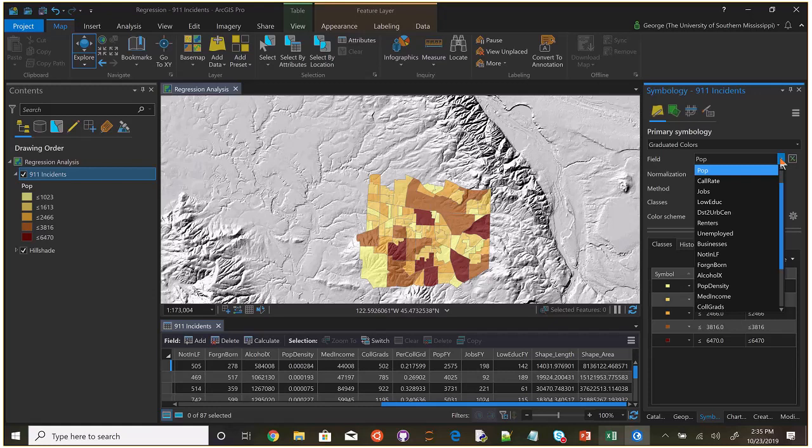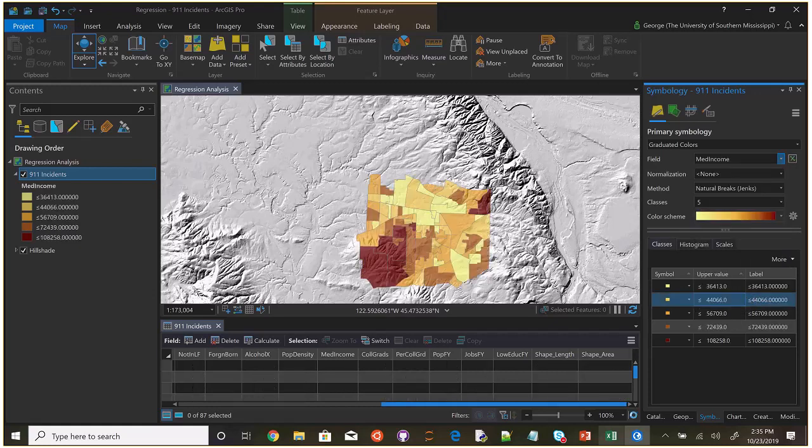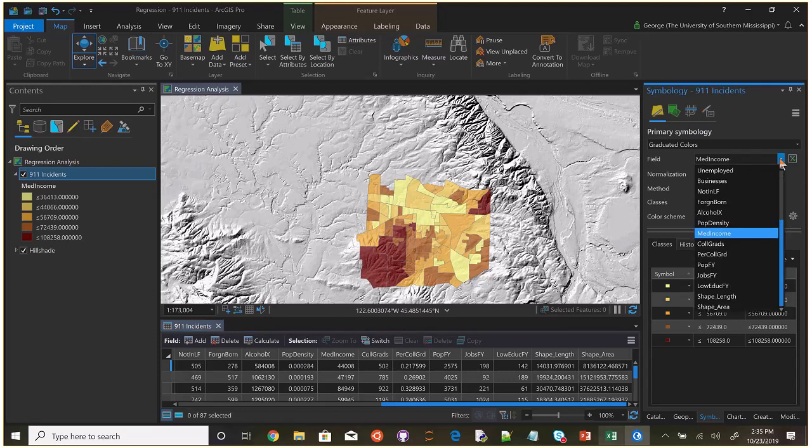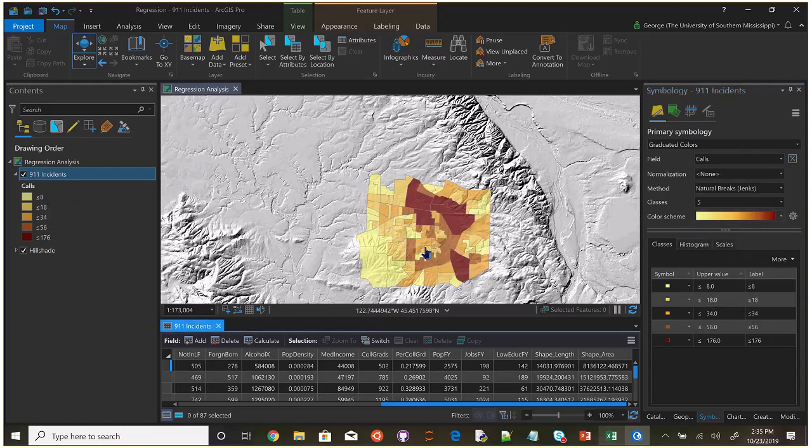So here's median income. And look, those same areas down here that had a low amount of 911 calls actually had a high amount of population, also had a low amount of 911 calls.